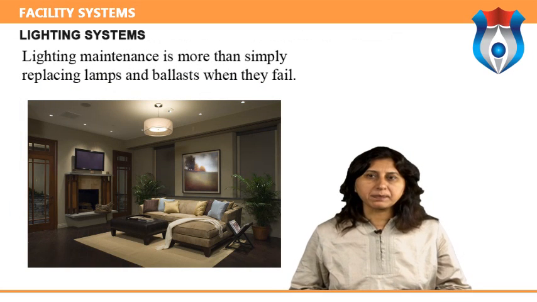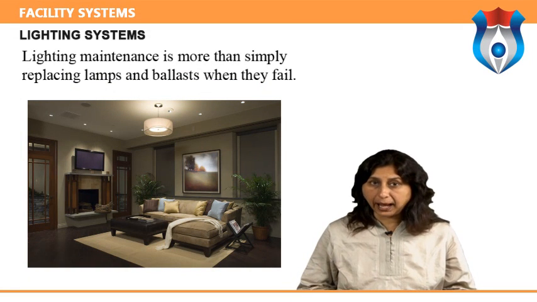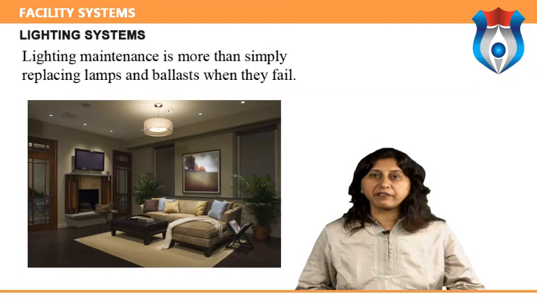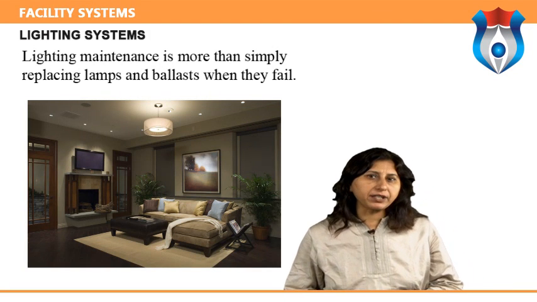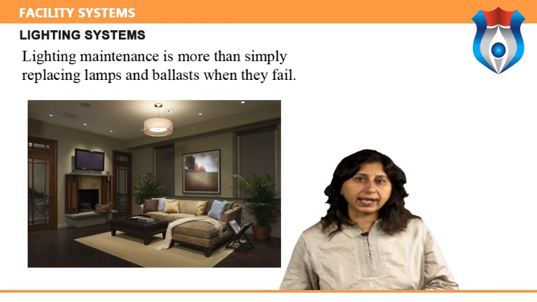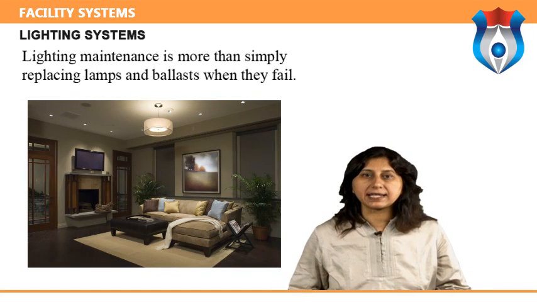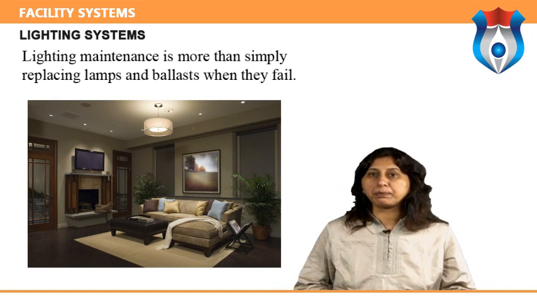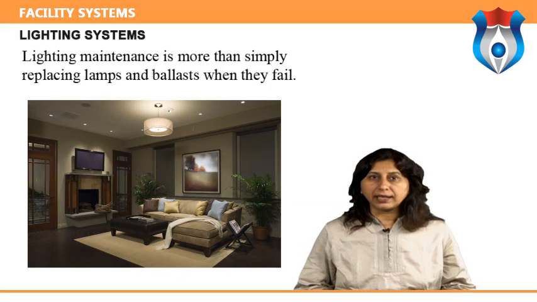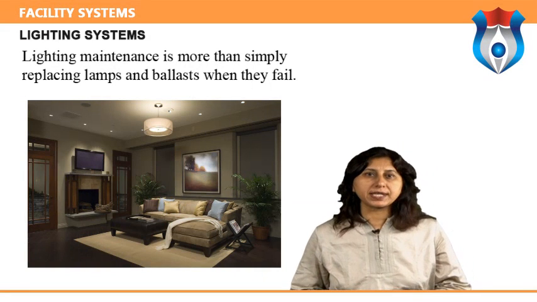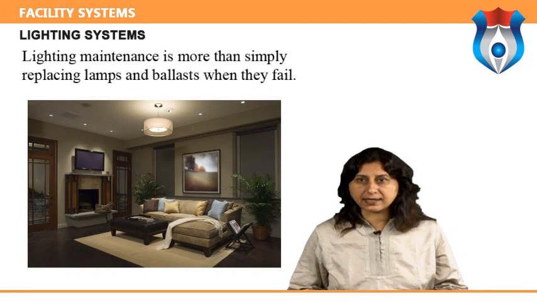Lighting maintenance is more than simply replacing lamps and ballasts when they fail. Facility managers today must manage their lighting resources, that is, fixtures, lamp, ballast inventory, labor, energy to sustain the quality of a lighting system.